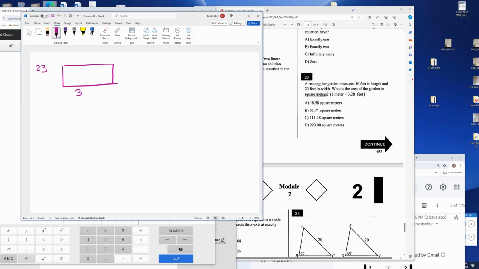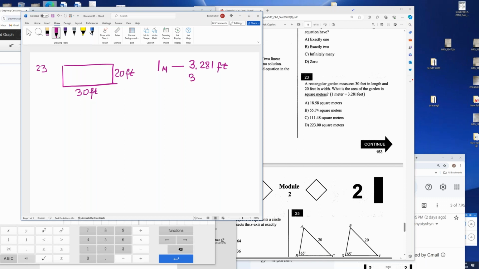This side is 30 feet and this is 20 feet. And 1 meter is 3.281 feet. You need to get the area in square meters.